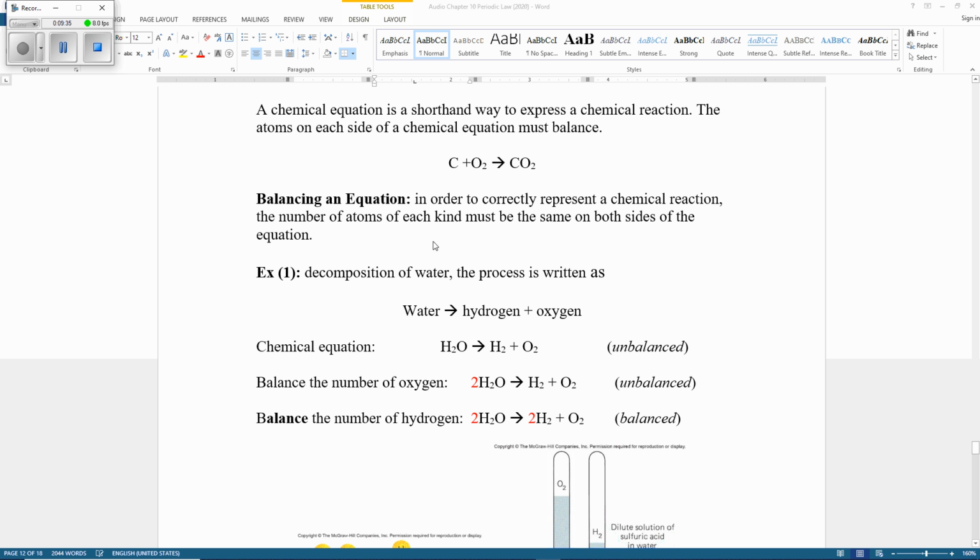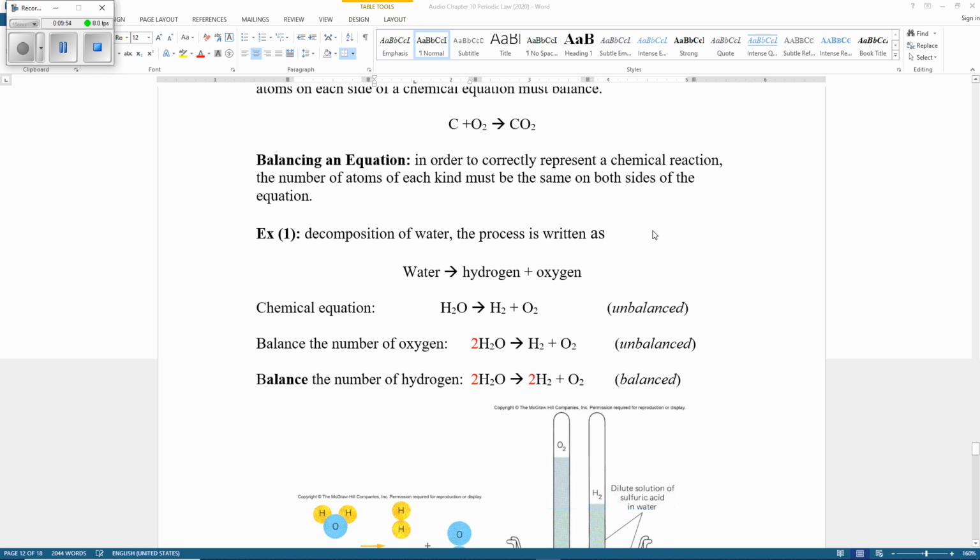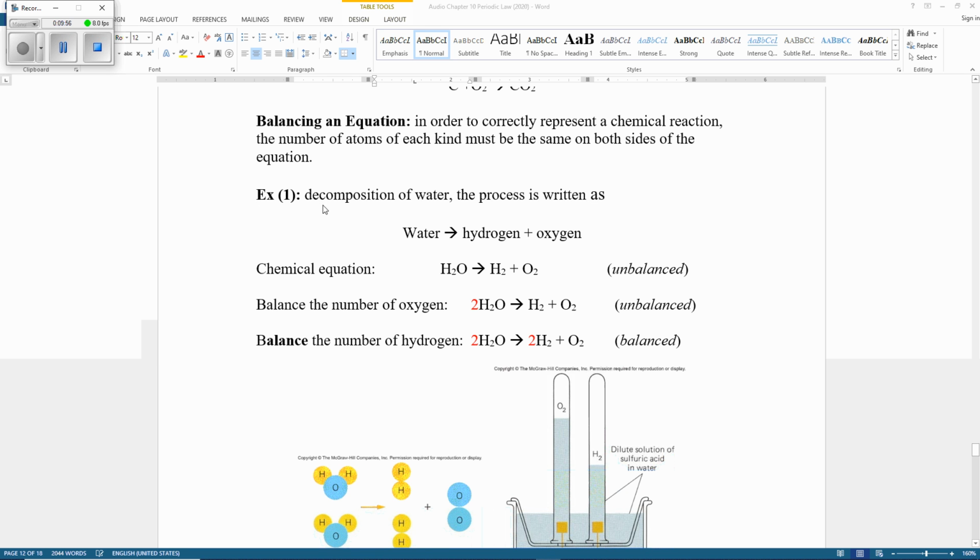Sometimes when we study a chemical reaction, we need to balance the equation. In order to correctly represent a chemical reaction, the number of atoms of each kind must be the same for both sides of the equation. So let's see the decomposition of water. The water molecules break up, give you what? Hydrogen and oxygen.